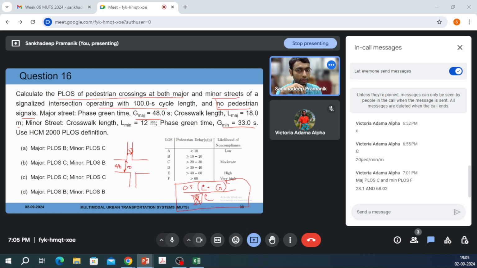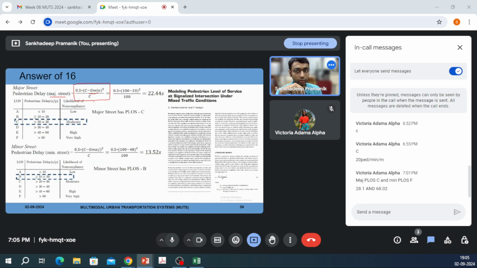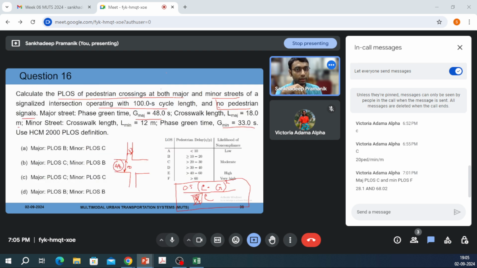But when this signal is red, then pedestrians will cross. So the green time for pedestrians on the major road will be the green time for the minor road.